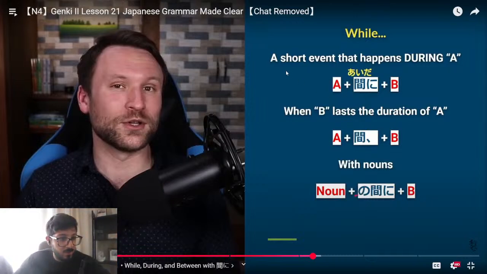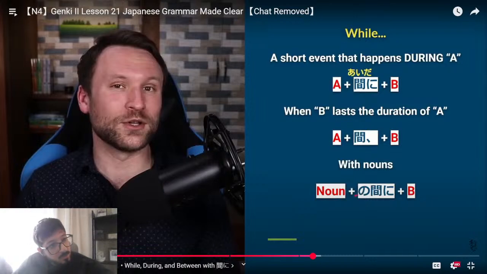I made a mistake in my sentence. Can you find it? Aida ni. I noticed the mistake, but I couldn't say what. So I think you have to put 僕はテーブルの下に隠れた間に earthquake happens.